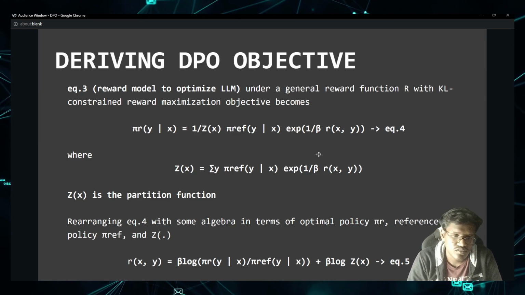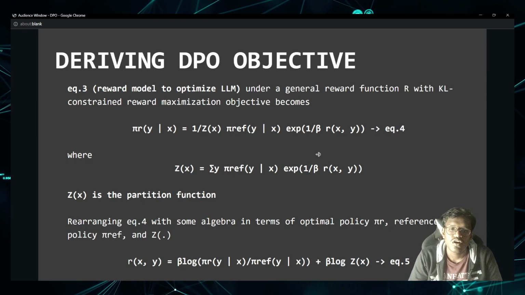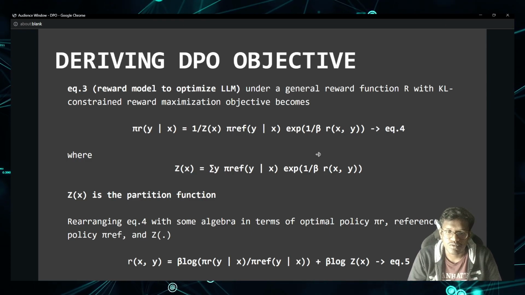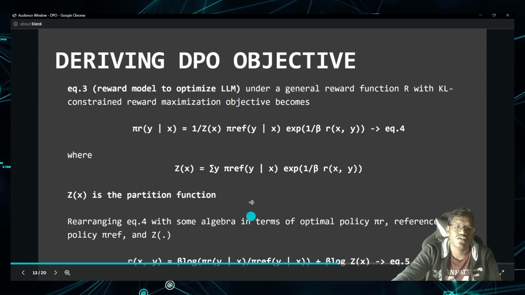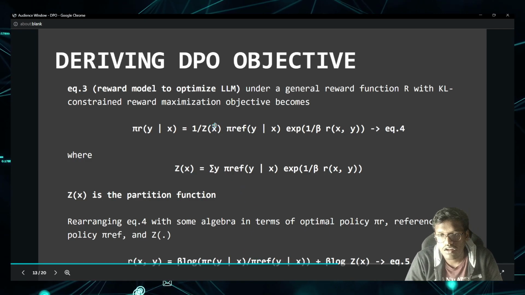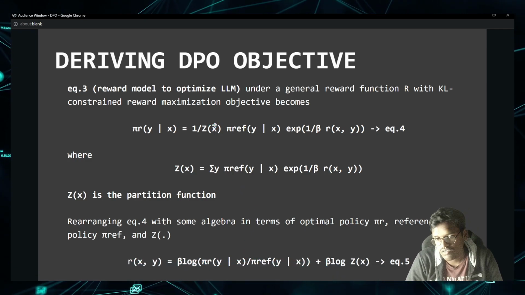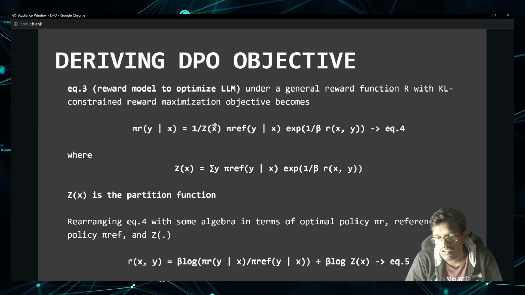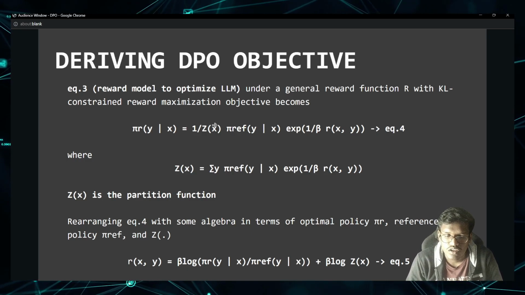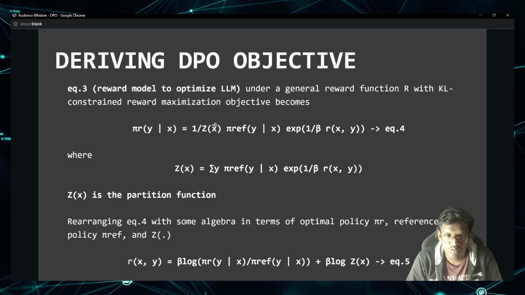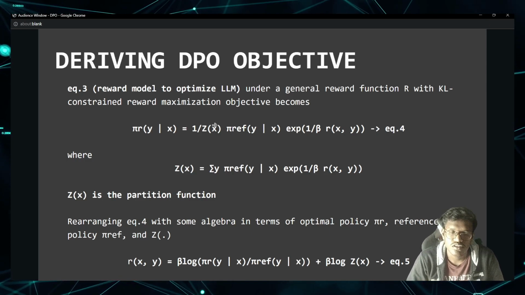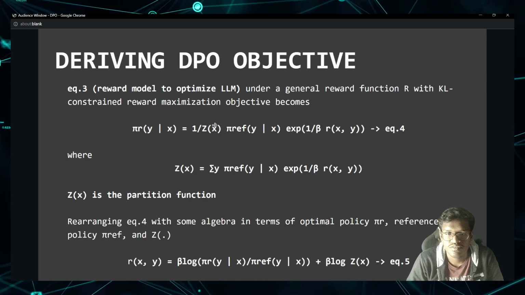Now if you multiply beta on that side, and we know log of a into b is equal to log a plus log b, you will attain the result beta log of pi r of y given x by pi ref of y given x plus beta log Z of x. I hope this makes sense. Now we are just calculating our reward function, which is our objective in DPO.